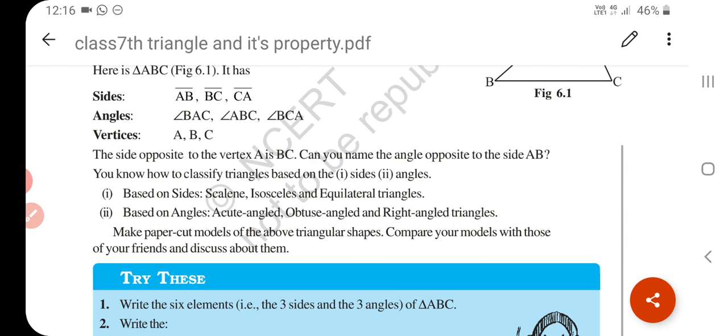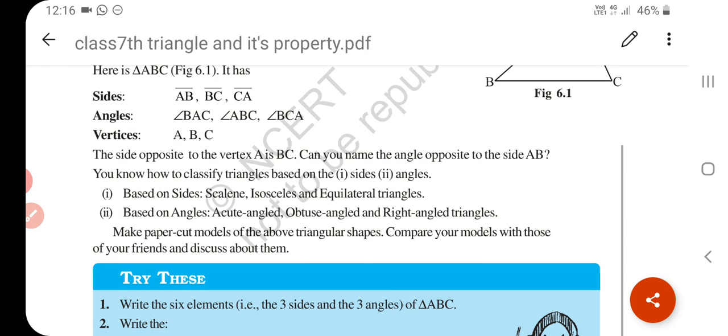Now according to their angles we can classify them again into three parts. First is the acute angle triangle, a triangle in which all the angles are less than 90 degrees.